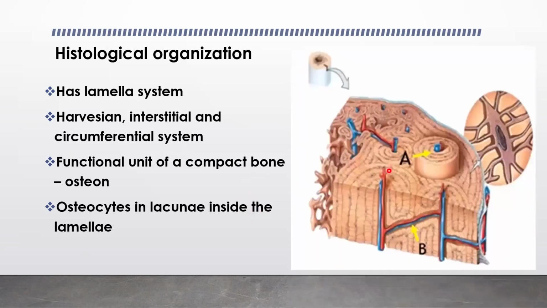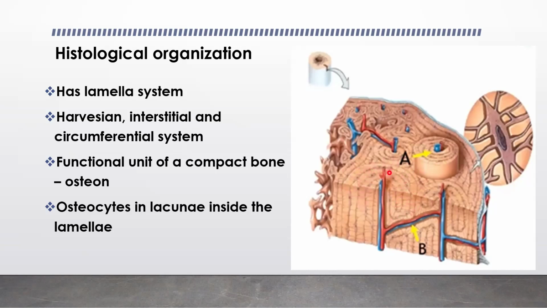This is clearly seen in this. You can appreciate here is an osteon. This osteon will have a haversian canal. This haversian canal will have the blood vessels and also nerves. Then you appreciate that there will be fibers. There will be a lamellar system circling it.